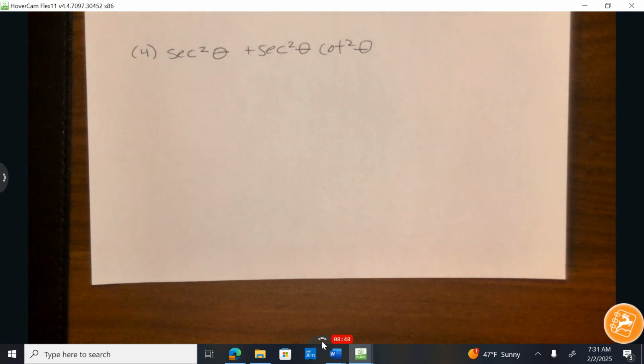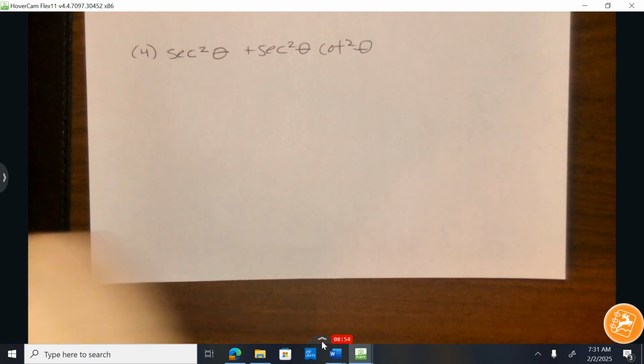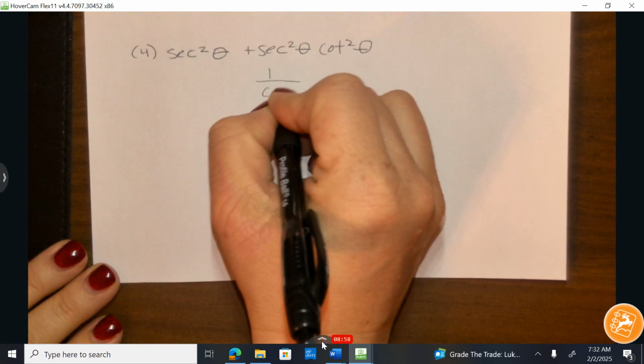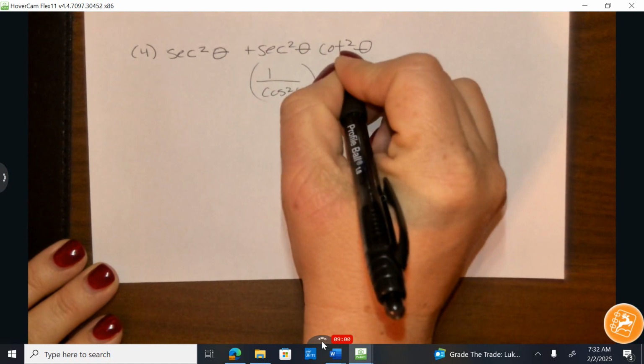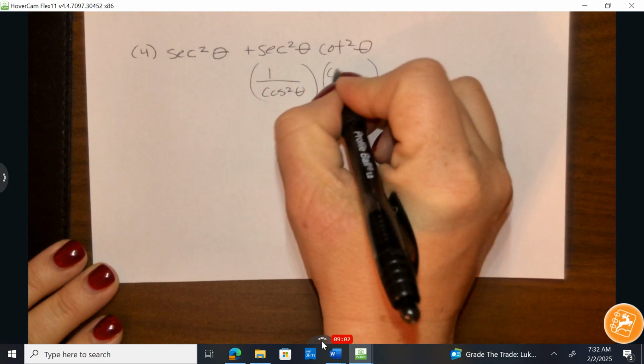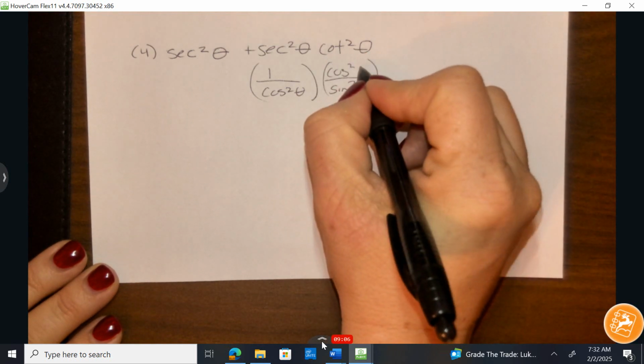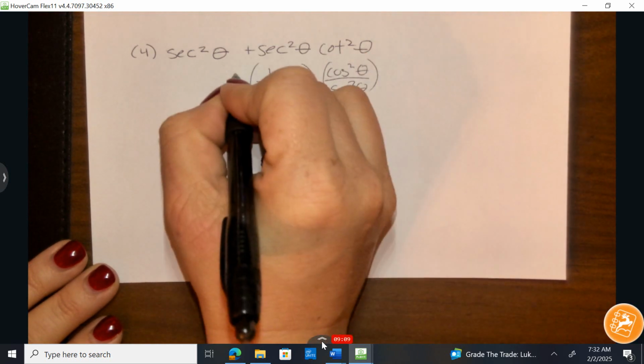One way would be to recognize that I could rewrite secant over here as 1 over the cosine squared. And I know cotangent is the same as cosine over sine. Cotangent squared is cosine squared over sine squared.